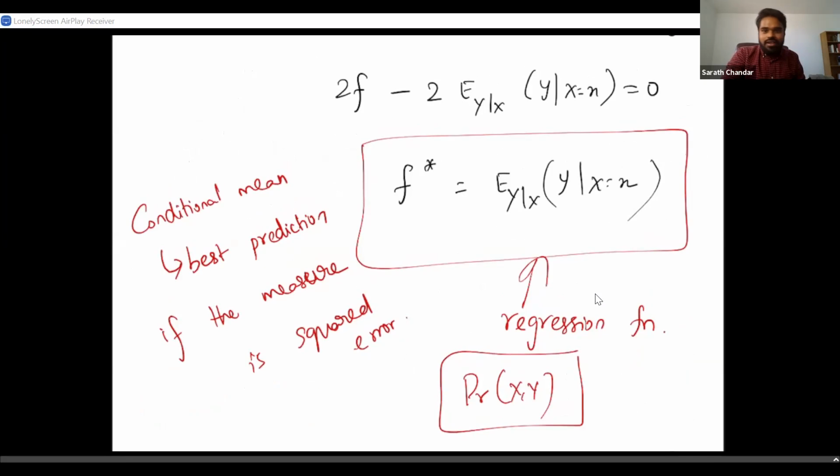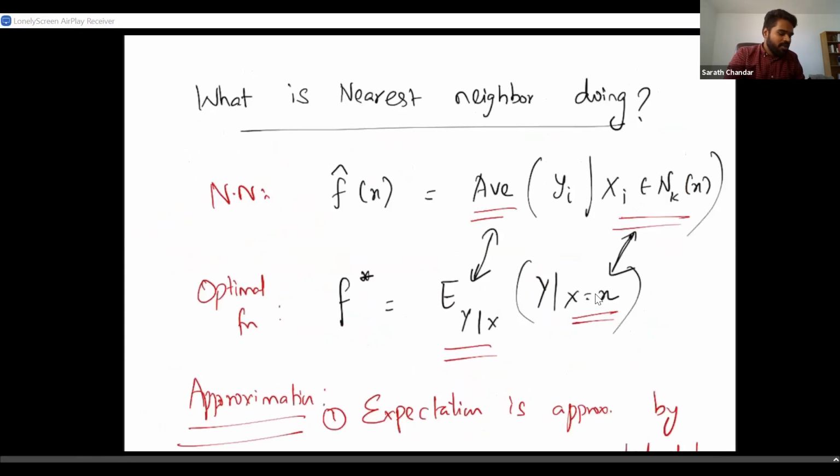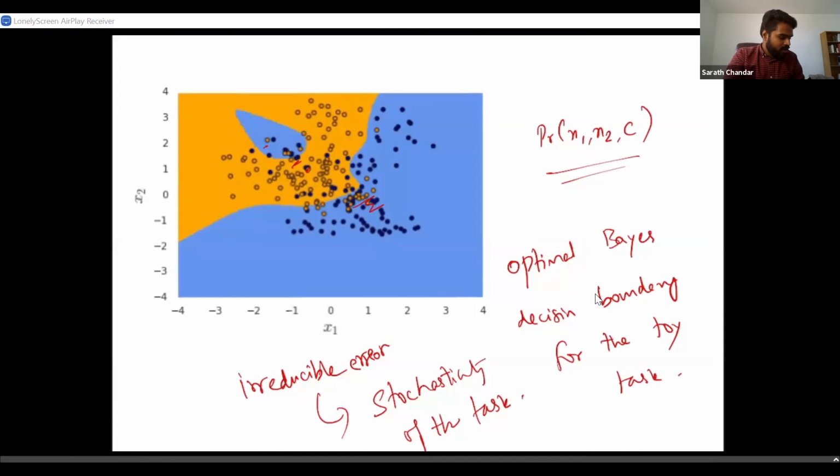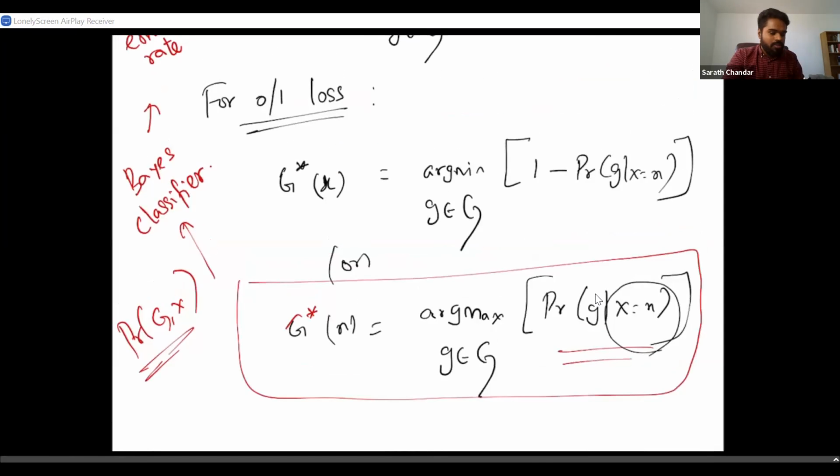And then we also discussed similar things for classification, where we found that the best thing to do is to predict the most probable class, where the most probable is defined based on the true joint distribution, probability of g comma x, which we will almost never have access to for any real life problem.